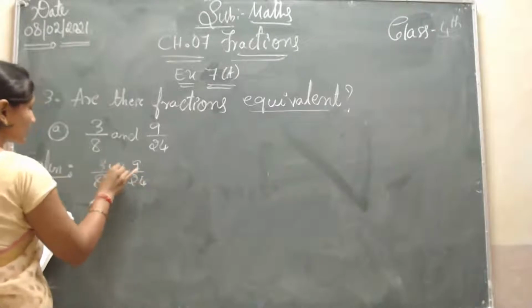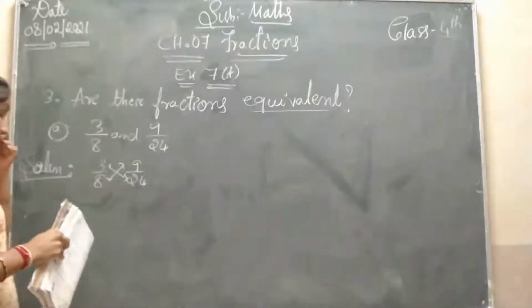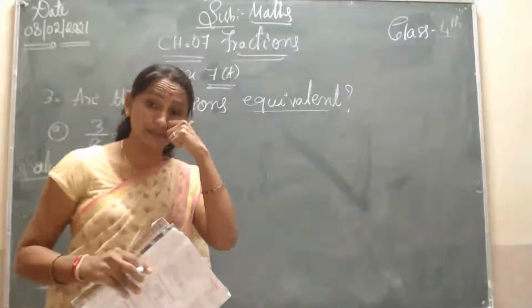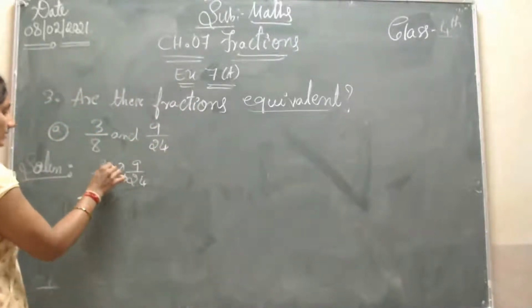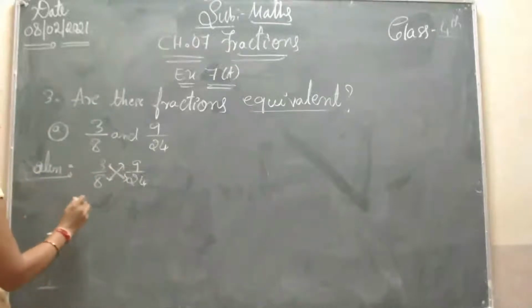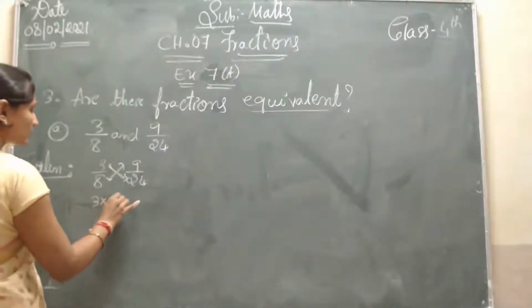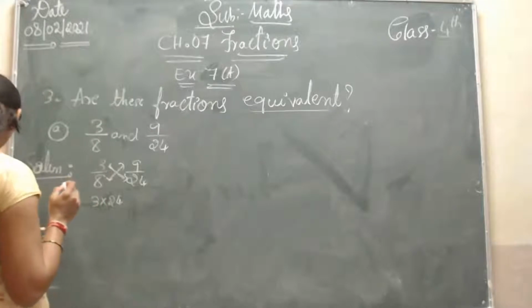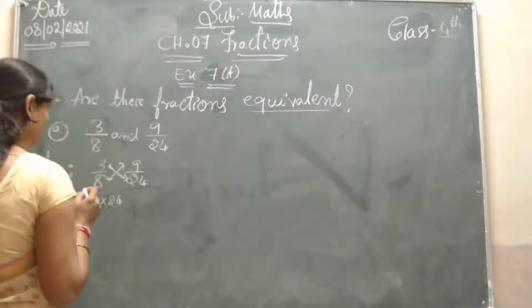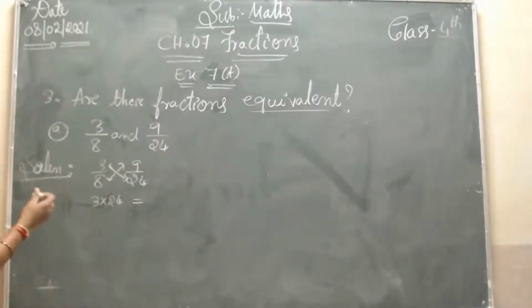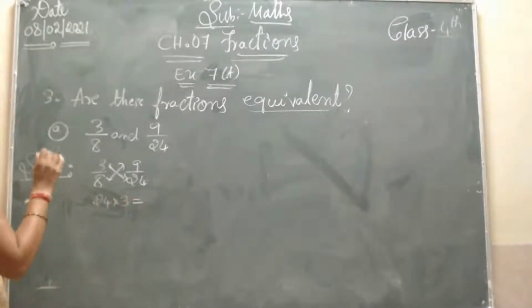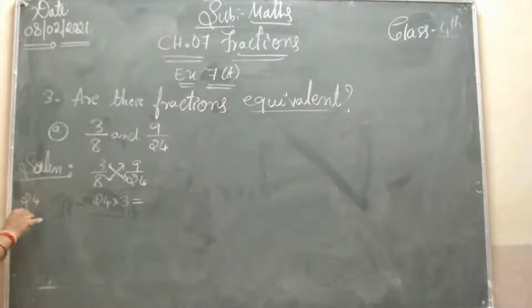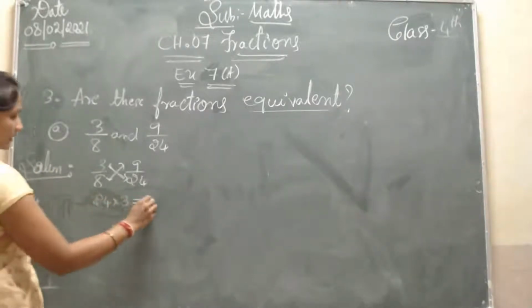Then do cross multiplication. Multiply 3 into 24, better written as 24 into 3, which is 72.